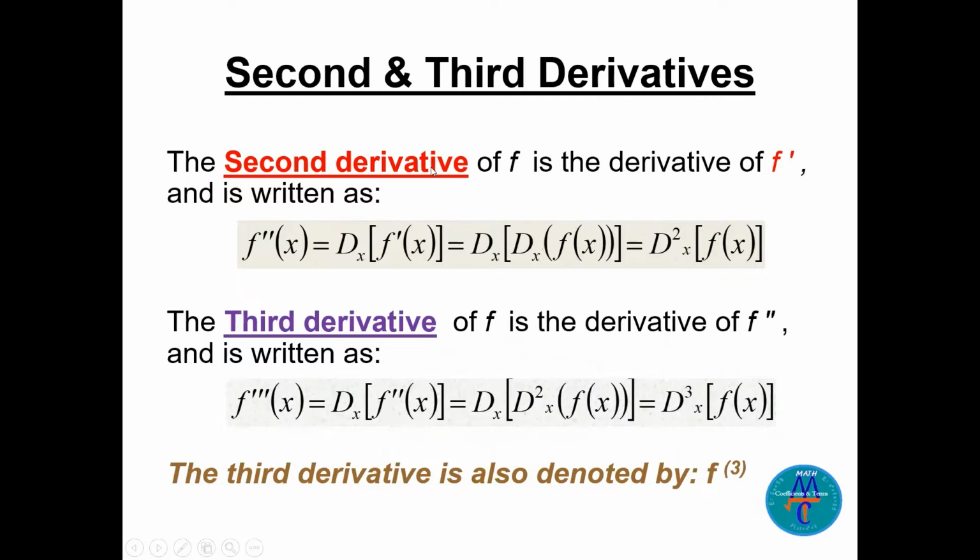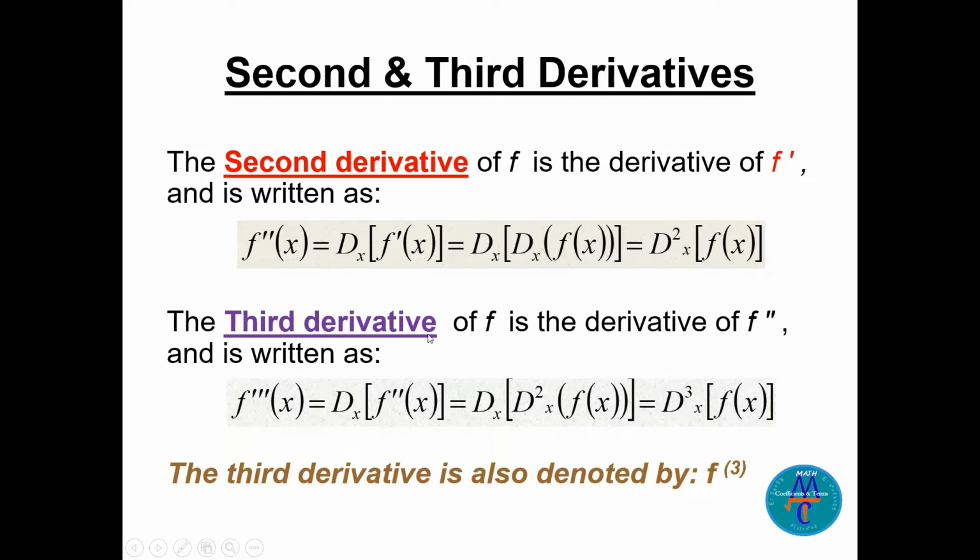Now, the second derivative is easy. The second derivative of f is the derivative of f prime. So the second derivative here, we write derivative of the derivative of f. So we say the derivative of the function itself, so it will be the second derivative of f.